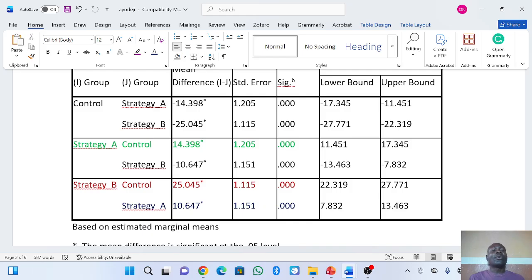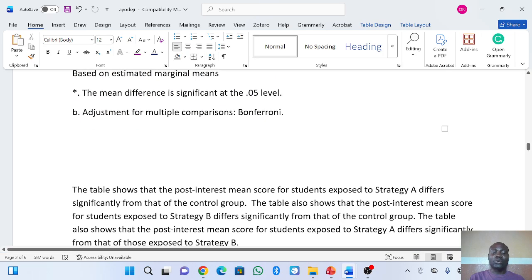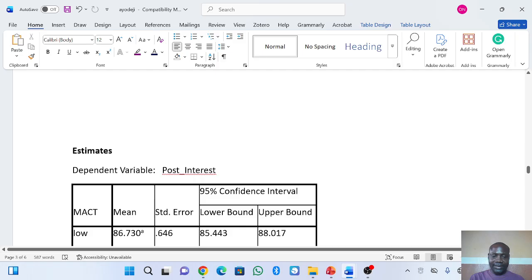But for us to get the best results, it is strategy B, because strategy B is better than the control, and it's also better than strategy A when it comes to improving interest.